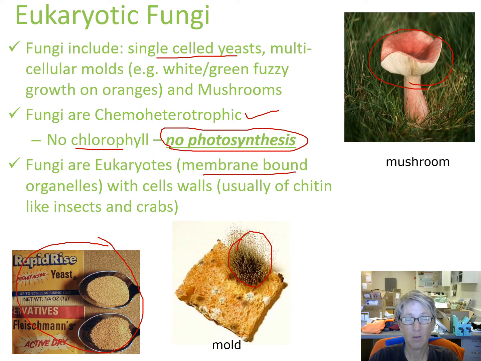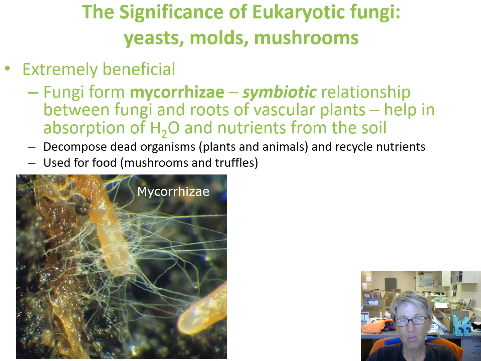These are the organelles: the nucleus, the mitochondria, the endoplasmic reticulum, the Golgi apparatus, etc. Fungi have cell walls, and they're not made of peptidoglycan like the bacterial cell walls that we've been talking about, but usually in their cell walls they have this component called chitin that's found in insects and crabs and makes them crunchy.